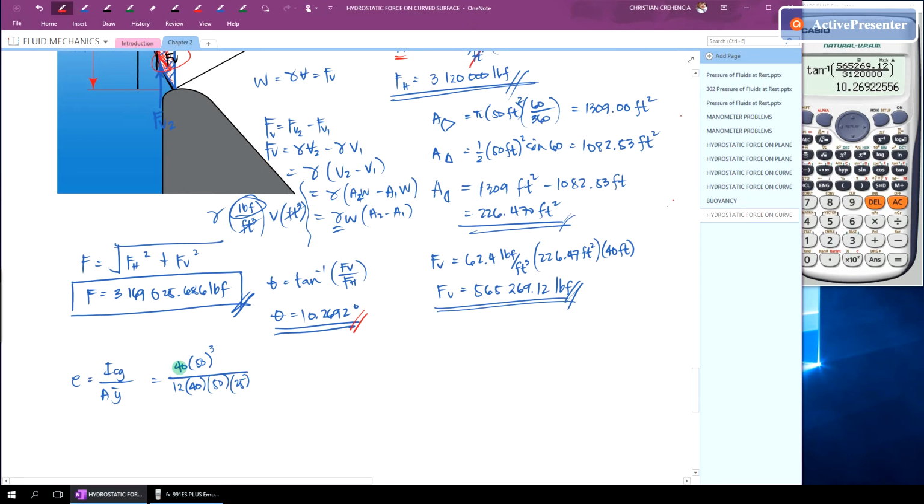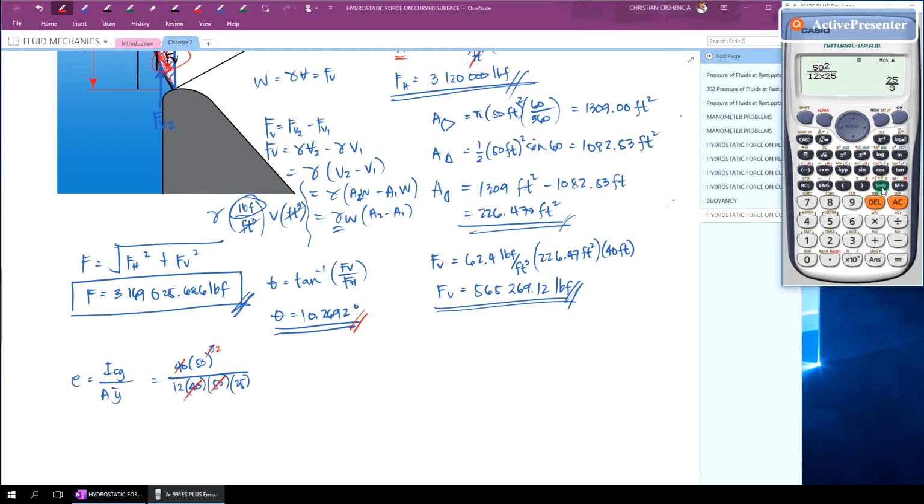Double check lang. B H cube over 12. Area is 40 by 50. Y bar is 25. Okay, so simplify na lang natin. Alisin natin yung 40. Alisin natin yung isang 50. Magiging squared. Okay, so we have 50 squared divided by 12 times 25.